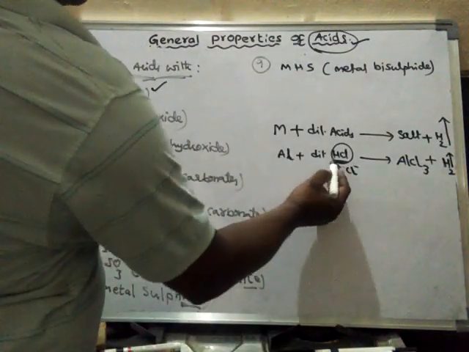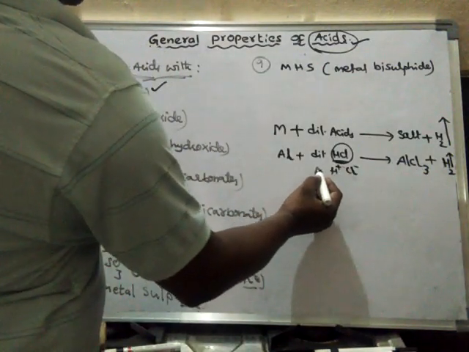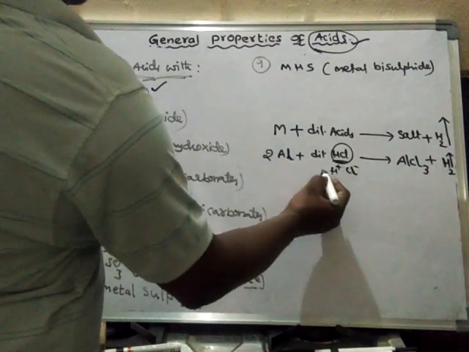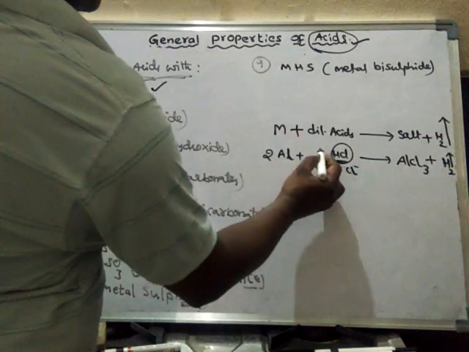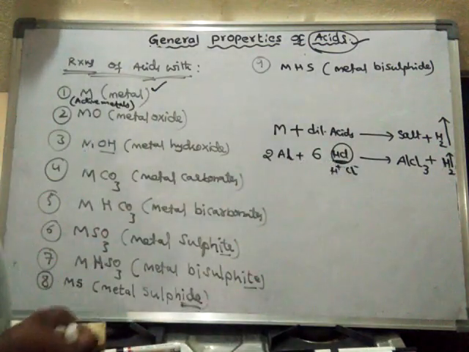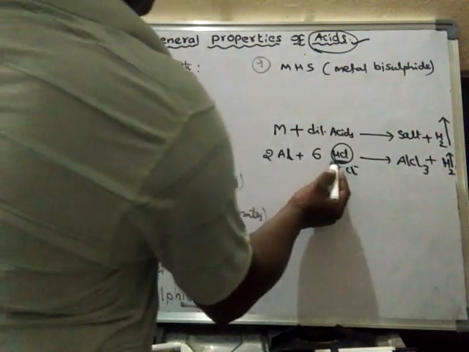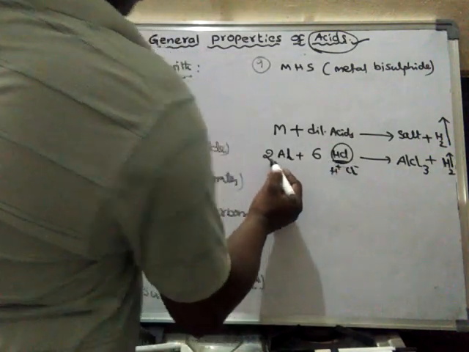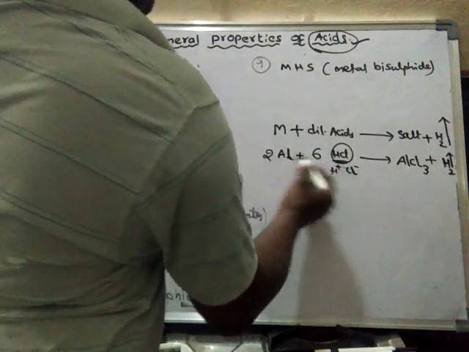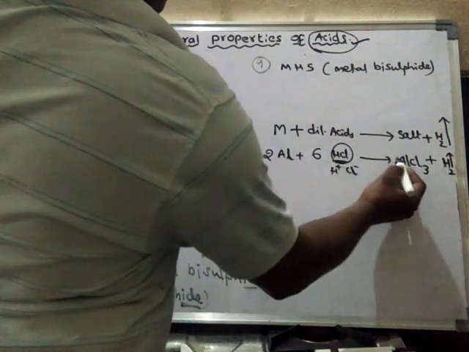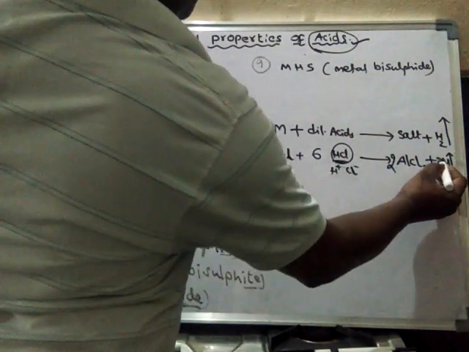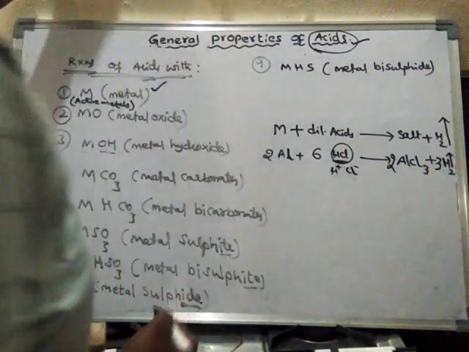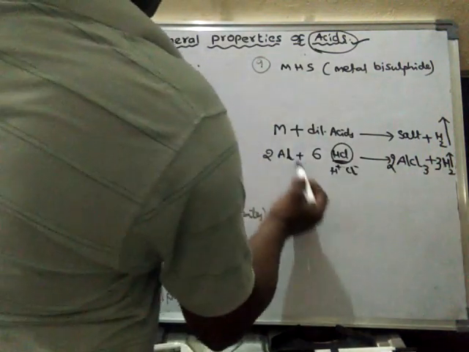So here, if I take two aluminium, then dilute acid will be 6. 6 moles of HCl reacts with 2 moles of aluminium. What happens? It forms 2 AlCl3 and 3H2. So that means what is happening?